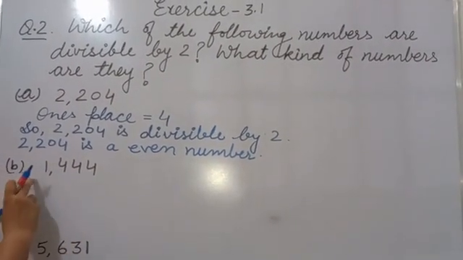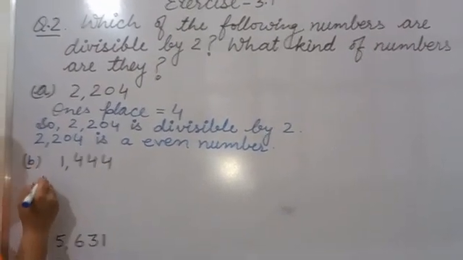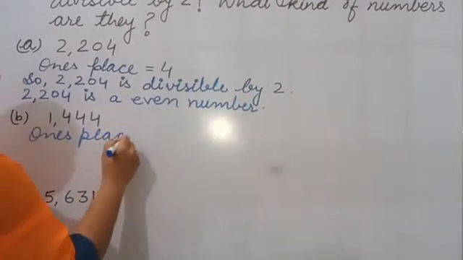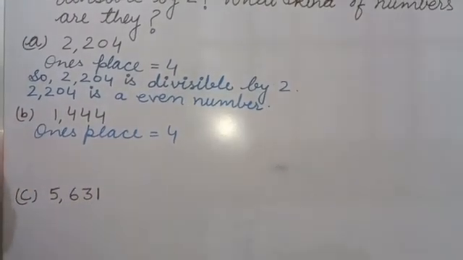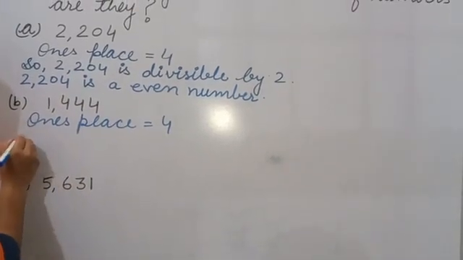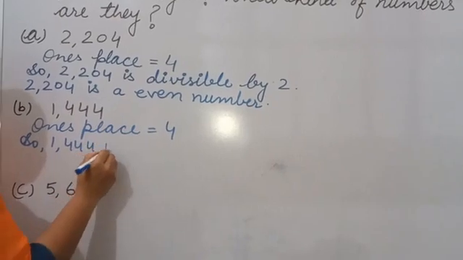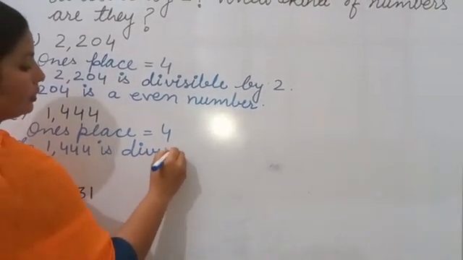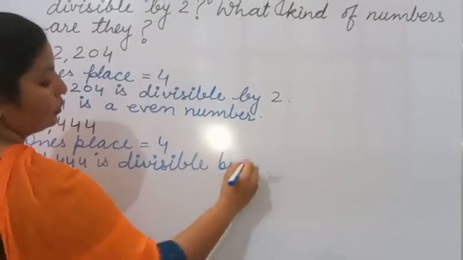In B part you have 1444. So again we will check ones place. What is in ones place? That is again 4 and 4 is divisible by 2. So that means the number is divisible by 2. So we write here, 1444 is divisible by 2.